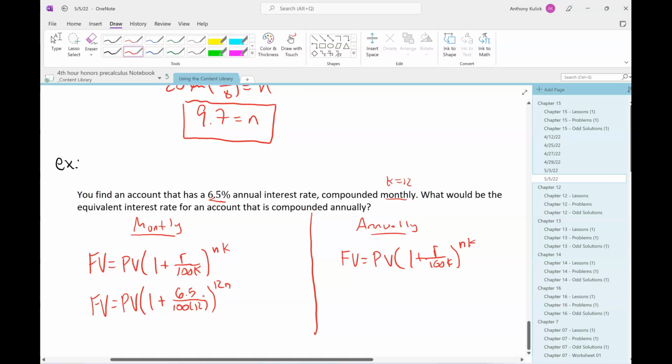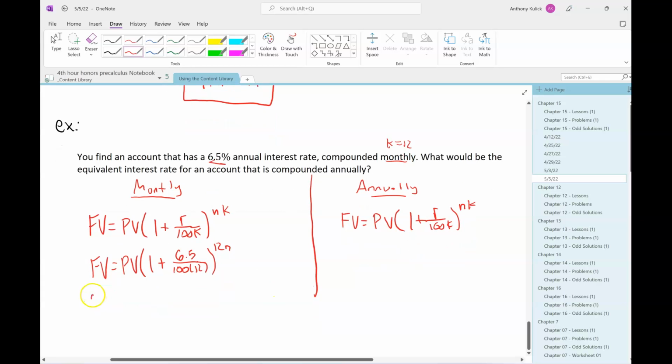Everybody's okay with that? Now, what I realize here is that I can rearrange this in a kind of clever way. So I can do that, right?